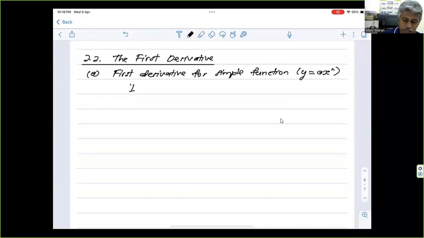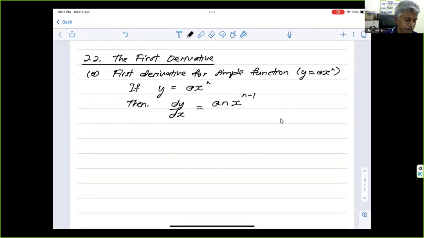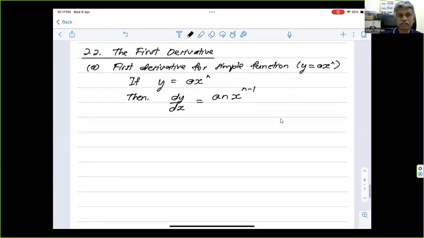If y is equal to ax to the power n, then dy by dx, this is a rule you have to remember when you do differentiation. So what we do, we take this n, we write it inside here, just behind the a. So you'll get a multiplied by n times x to the power of n minus 1. Okay, it is as simple as that.